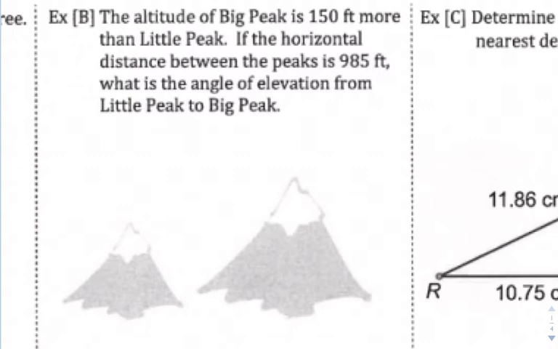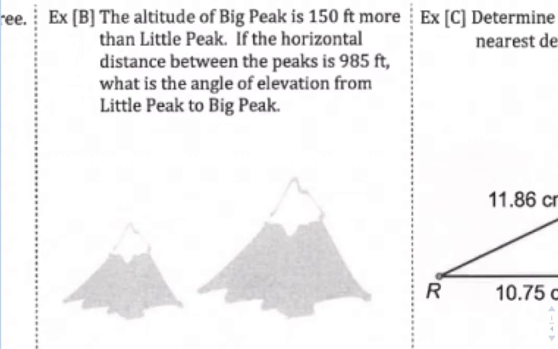It says the altitude of Big Peak is 150 feet more than Little Peak. If the horizontal distance between the peaks is 985 feet, what is the angle of elevation? So remember, the angle of elevation was when the dog had eye level and then it looked up.